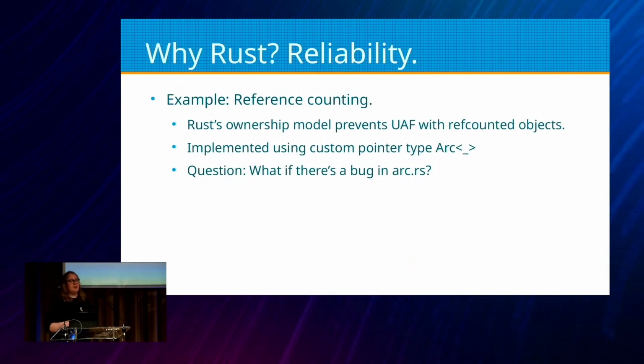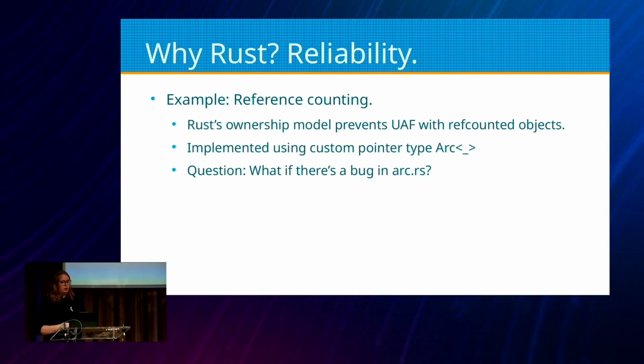So here's one example I think is kind of interesting. In Rust we have a lot of different pointer types. In the machine code, it's going to compile down to a pointer, and in C, you would just use a pointer in all of those cases. But in Rust, you actually have different types depending on the ownership model.